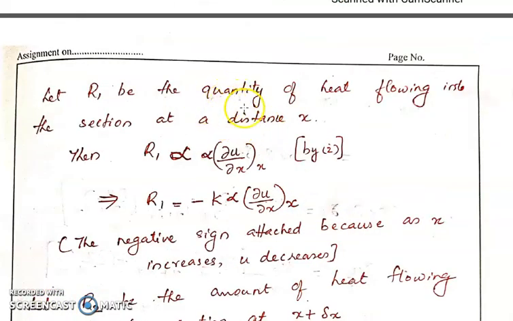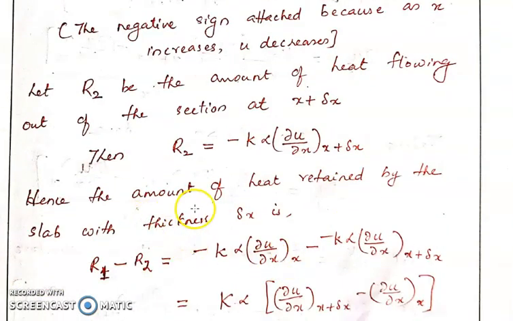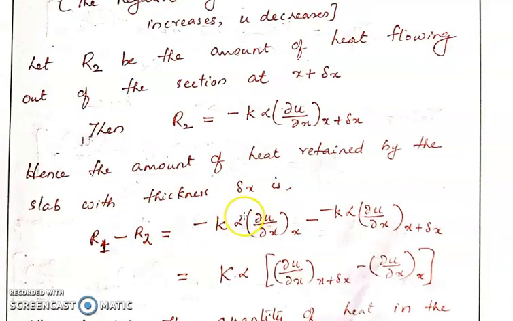Thus we have the quantity of heat flowing into the section at a distance x, and also the amount of heat flowing out of the section at x plus delta x. Hence, the amount of heat retained by the slab with thickness delta x, that is, the slab between the section at x and the section at x plus delta x, is equal to R1 minus R2, which is minus K alpha dou u by dou x at x minus minus K alpha dou u by dou x at x plus delta x.